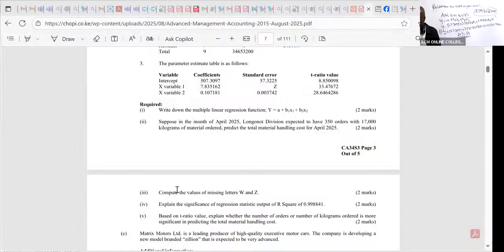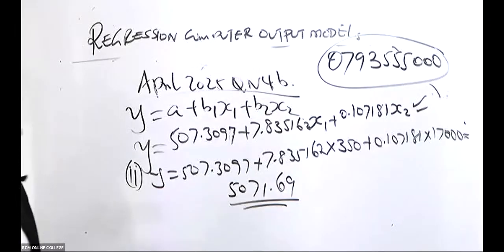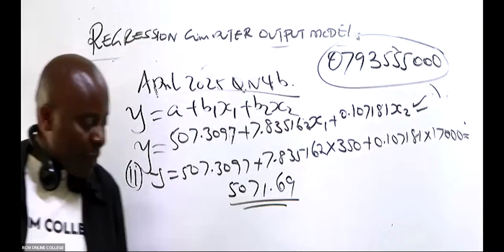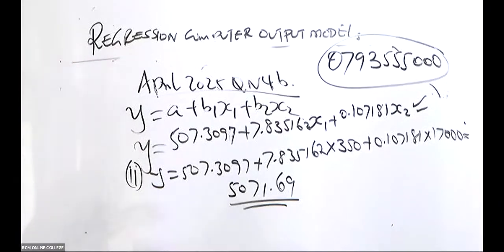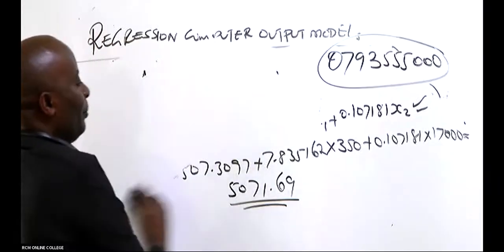All right. So then, they want us to compute the missing values, W and Z. We start with W. W is sum of squares. I will use the mean sum of squares formula. In this case, we know that mean sum of squares equals sum of squares over degrees of freedom.